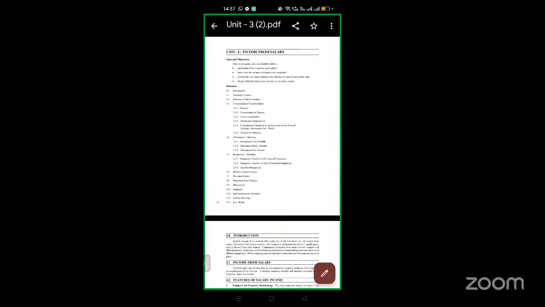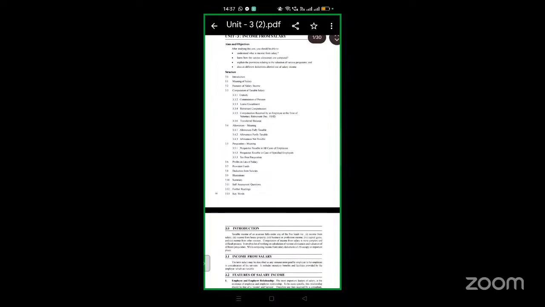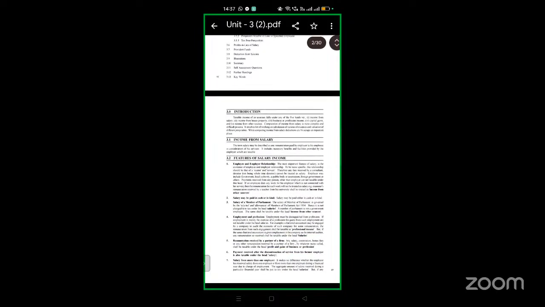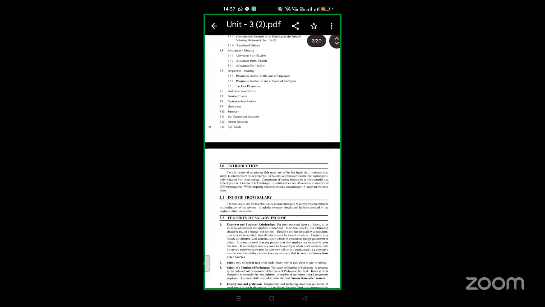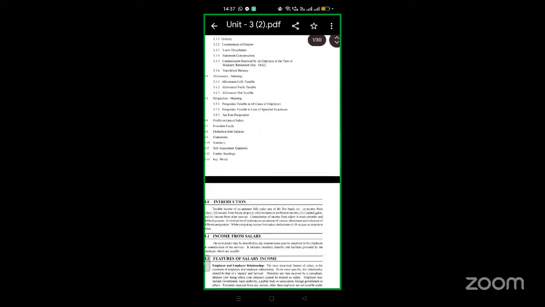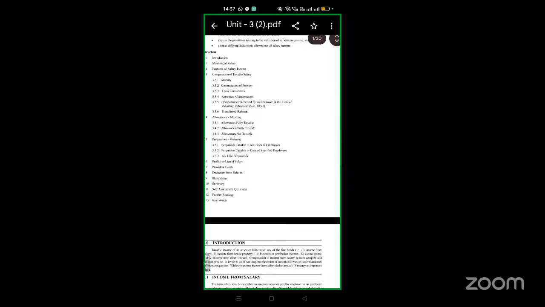Next is unit 3, which is income from salary. So income from salary means what, which income is called salary. As I said in the earlier class, yesterday, we have five sources of income. Every individual has five sources of income.